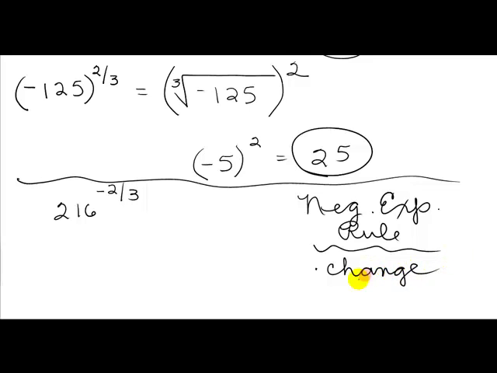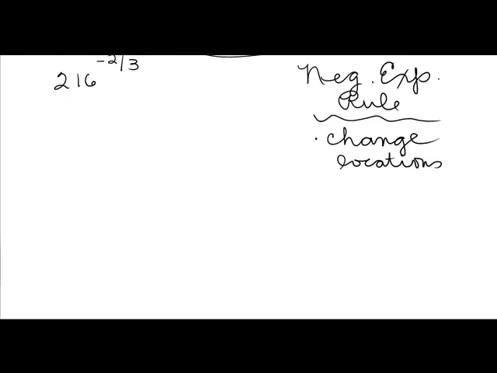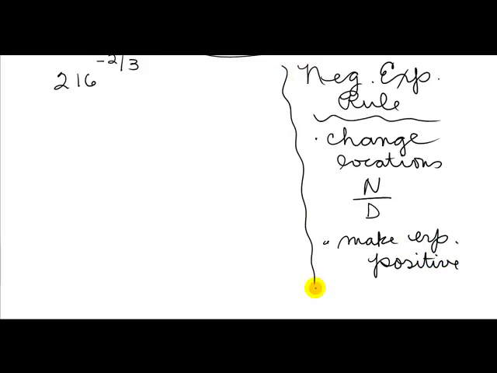What I mean by that is we're looking at the numerator and the denominator, and then we want to make the exponent positive. Okay, so that's our negative exponent rule.